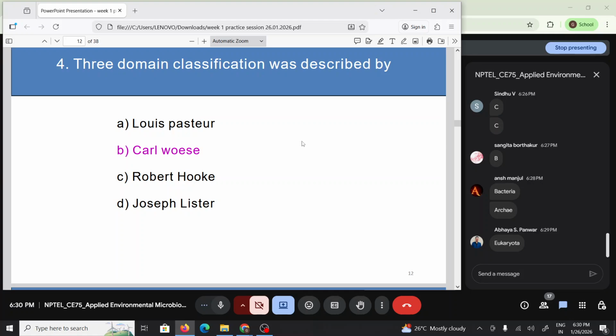Archaea and bacteria both belong to prokaryotic, and eukaryotes are, obviously, eukaryotic organisms. So archaea are single-cell prokaryotes, mostly found in extreme environments, whereas bacteria are traditionally single-celled prokaryotes that we see around.